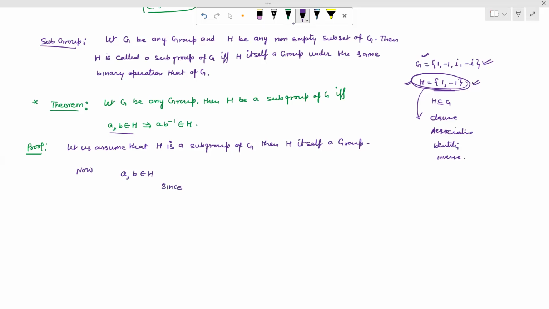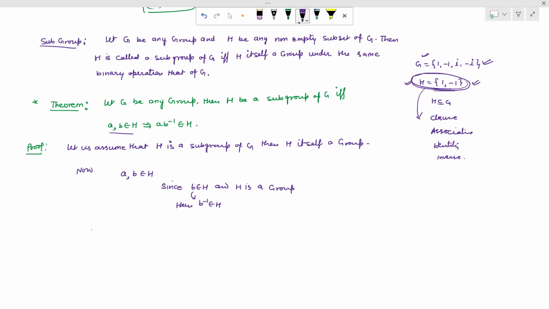Since we talk about b inverse: if b belongs to H and H is a group, then the inverse of b also exists, meaning it is also a member of H. So b inverse also belongs to H.